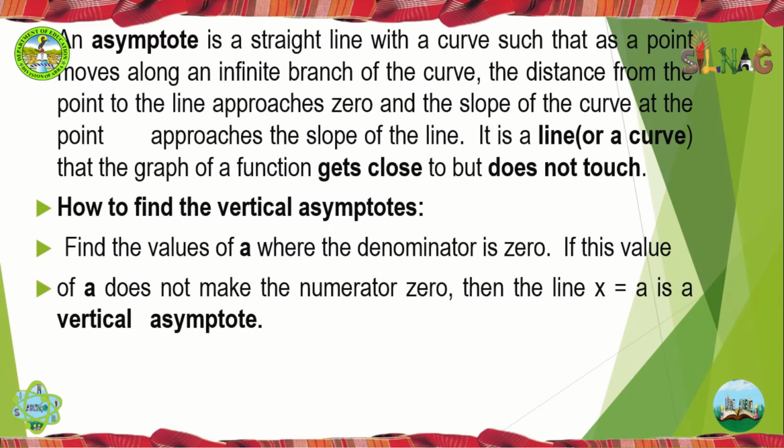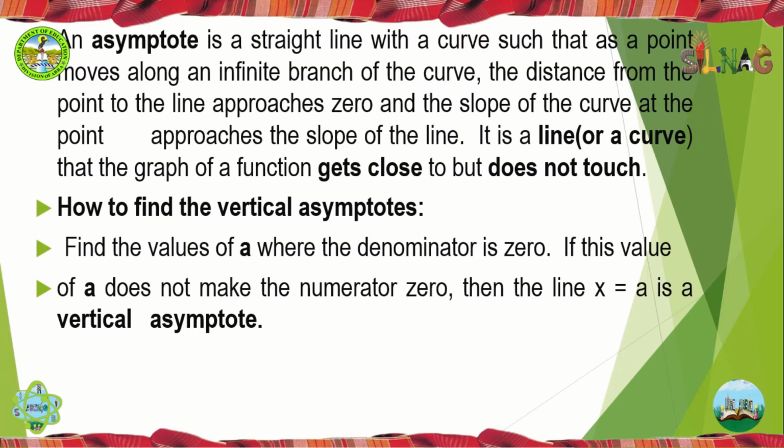An asymptote is a straight line with a curve such that as a point moves along an infinite branch of the curve, the distance from the point to the line approaches 0 and the slope of the curve at the point approaches the slope of the line. It is a line or a curve that the graph of a function gets close to but does not touch.